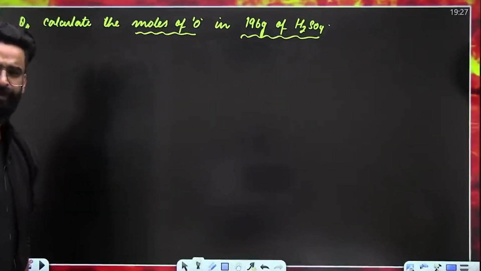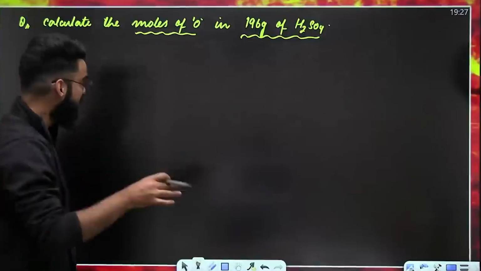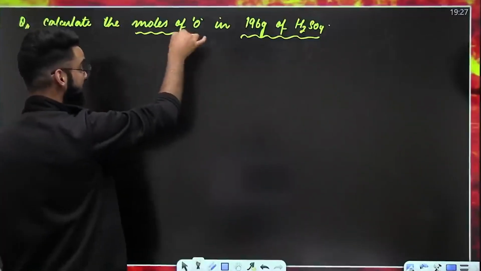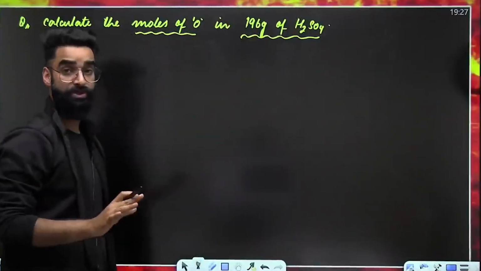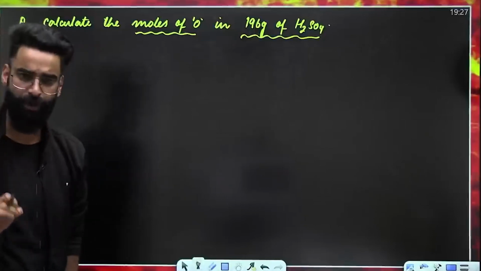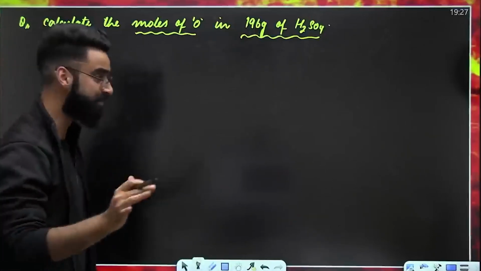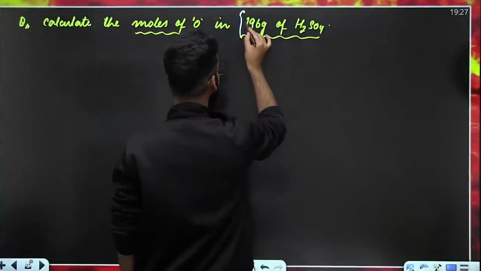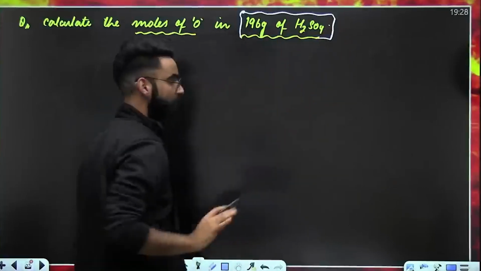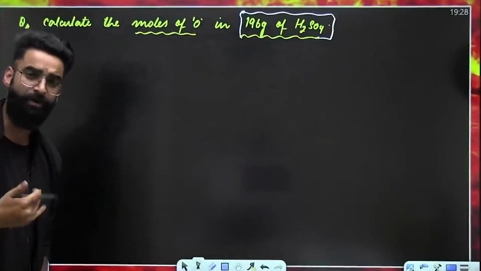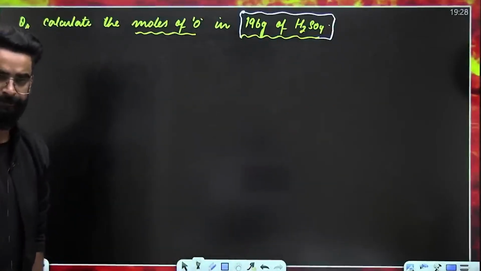Now understand. We have to calculate the moles of O which are present in 196 grams of H2SO4. Whenever you see this sort of a question, your first step always is going to be to convert the given quantity into number of moles, right?